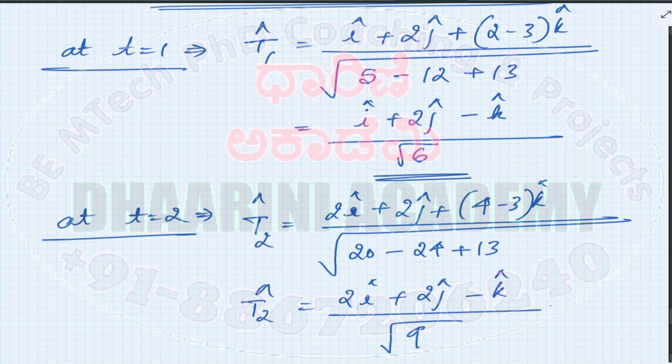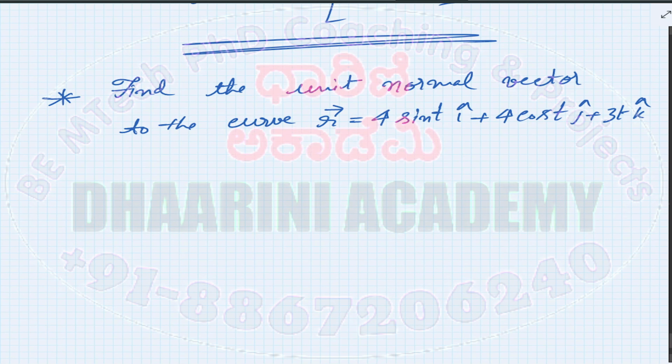So we are going to apply that particular formula now. So n cap is equal to dt cap by ds whole divided by magnitude of dt cap by ds. This is what I am supposed to find.